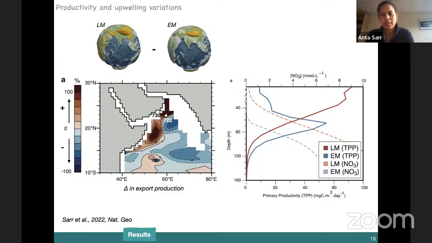You can see that the higher productivity in the late Miocene simulation, in red, is sustained by strong productivity in the first 40 to 60 meters, where the productivity is hampered in the early Miocene simulation. This is directly driven by the depletion of nutrients in the surface layer in the early Miocene simulation, the blue dashed curve, where you can see that there is no nutrient remaining in this area.